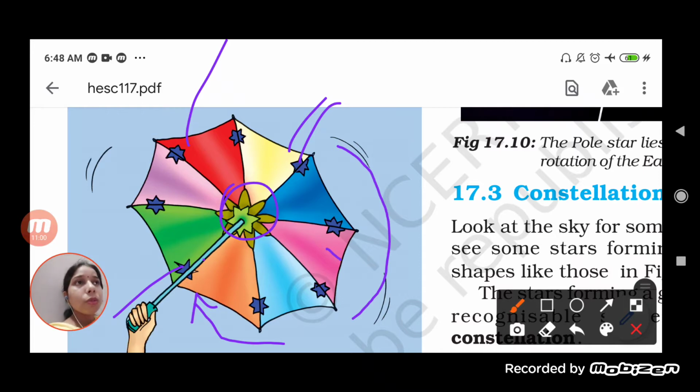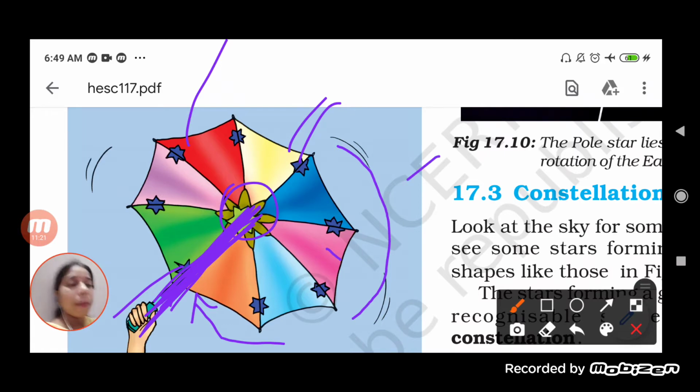So why is this so? Because the rotation, the movement, is along this axis only, right? So if it is moving, then it is along the same axis. That's why there will be no change in the position of the star present at the center.